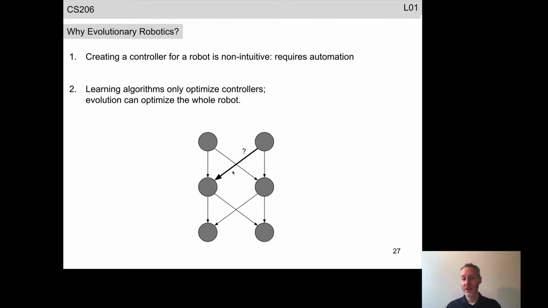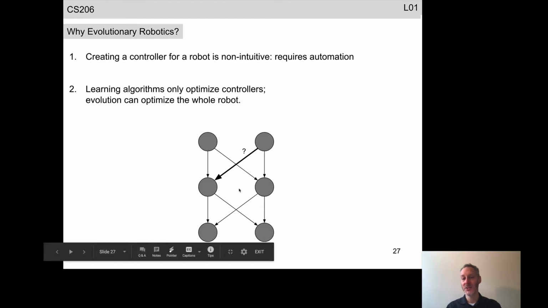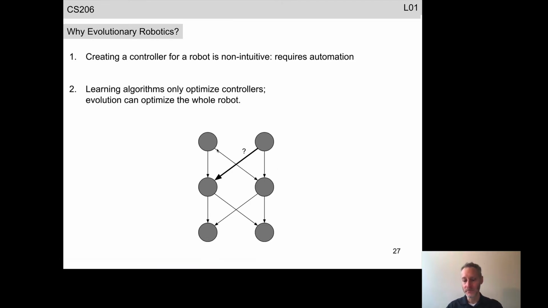What they do is they automatically tune the strength of the connections between neurons, which changes how much one neuron influences another one. But in all these machine learning methods, it's assumed that the machine learning method is tuning the connections between the nodes, but the structure of the neural network is fixed by the researcher beforehand.